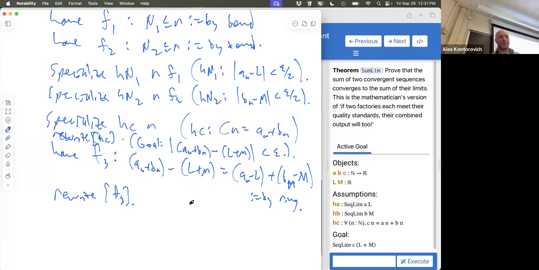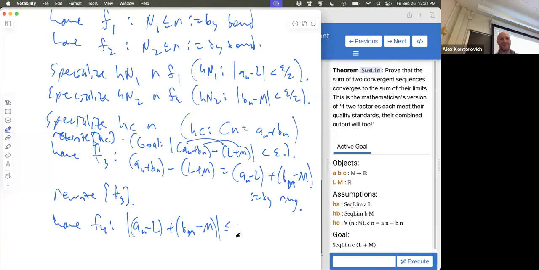Okay, we wrote F3. What's the new goal? Exactly, yeah. So we've grouped this and we've grouped that. Beautiful. Now we can have F4. What do we want to do with that absolute value of AN minus L plus absolute value of BN minus M?